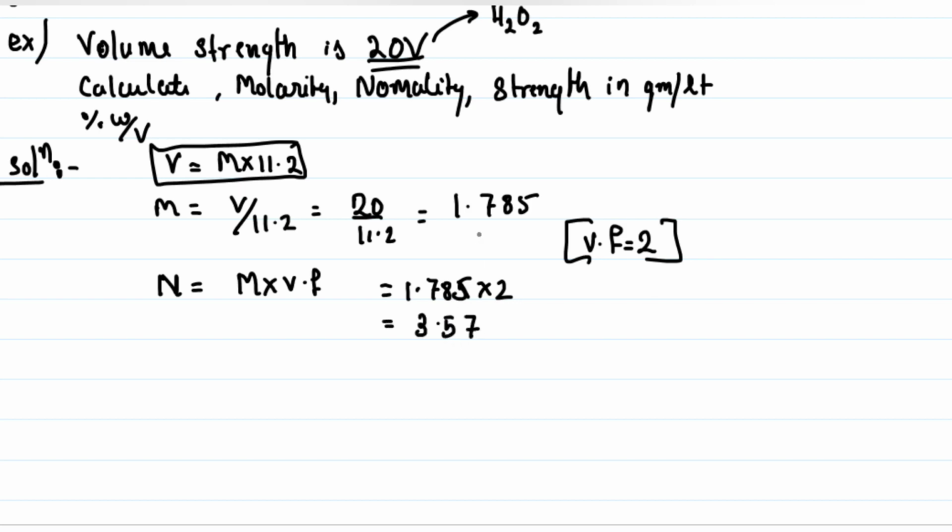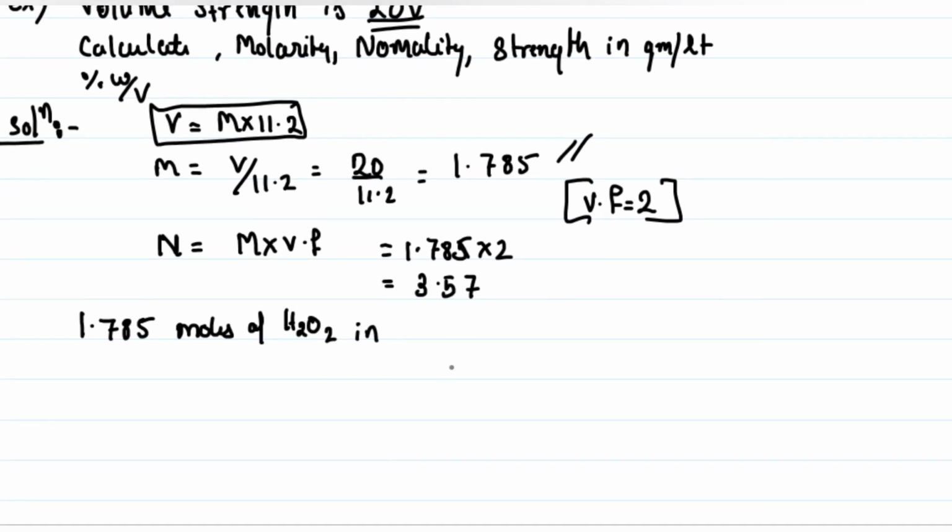Okay. Third part, strength in gram per liter. In order to interconvert that, if molarity is 1.785, I can say 1.785 moles of H2O2 in 1 liter of solution is there. That is the definition of molarity, moles of solute in 1 liter of solution.